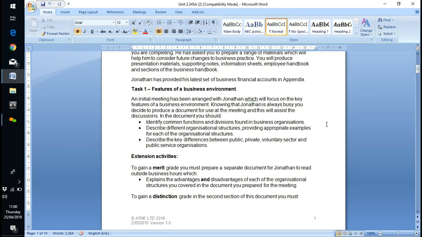So make a start with task 1, the main features of the business environment. There's material on the BLE that you can access, and a couple of handouts on there as well that you can read through. Have you got any questions before we close?